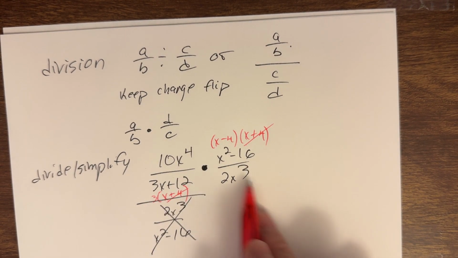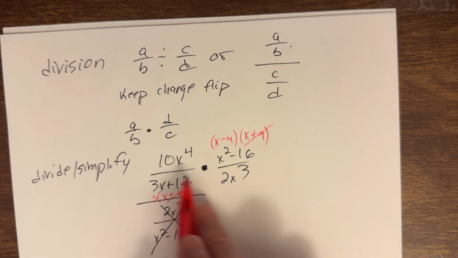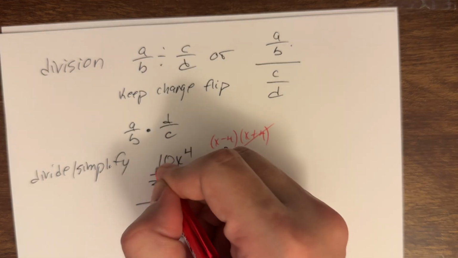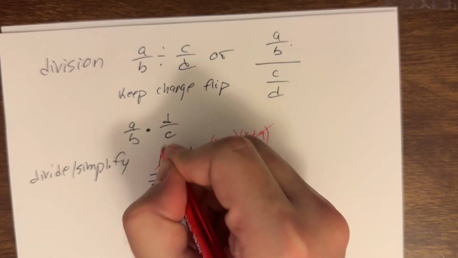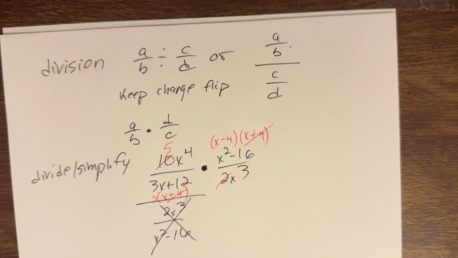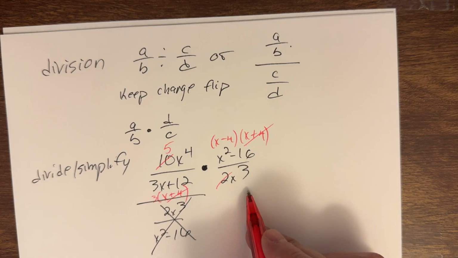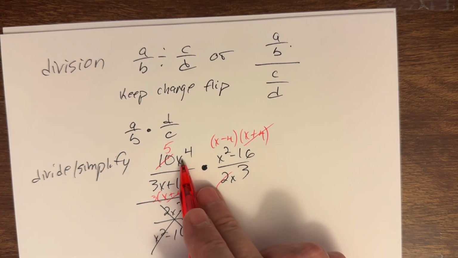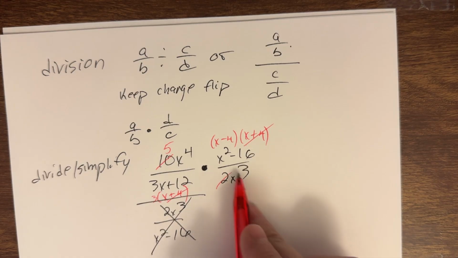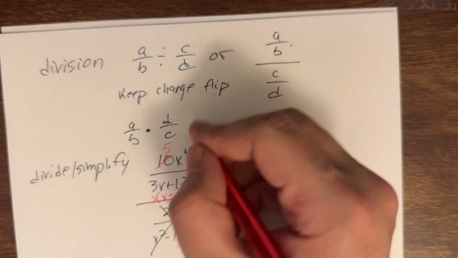And then everywhere else, the simple terms, well, the 10 and the 2, 10 is 2 times 5. A 2 would cancel, 5 left behind. x to the 4th and x cubed, a bunch of x's canceling, or you're dividing x to the 4th by x cubed, x to the 4 minus 1.